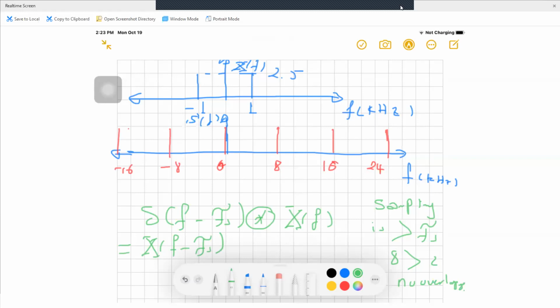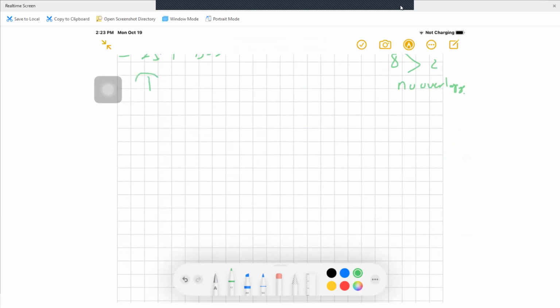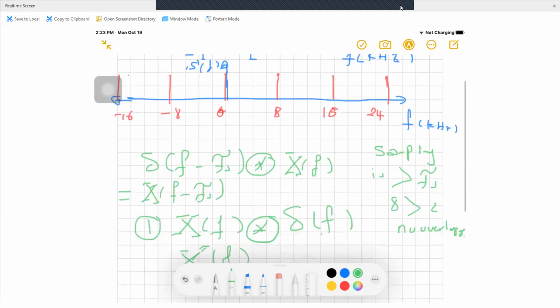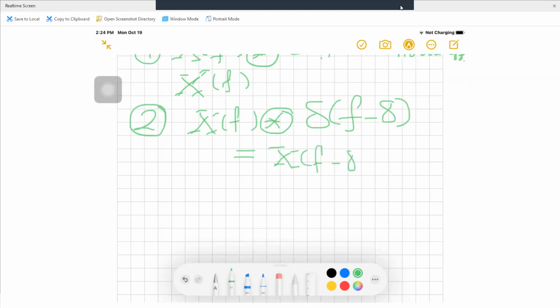Now we have the 2 graphs. The first component is X(f) convolved with delta of f, and the result is X(f) itself. The second is X(f) convolved with delta of f minus 8, and the result is X of f minus 8.